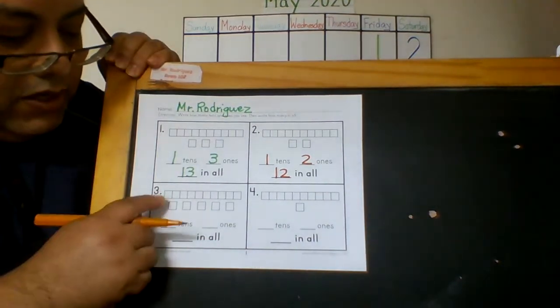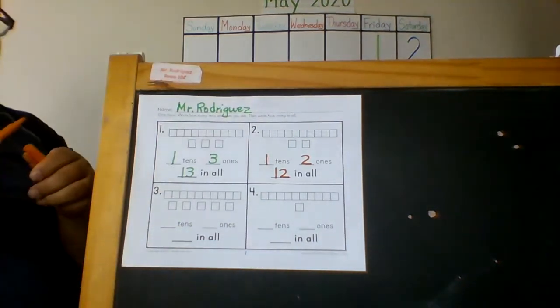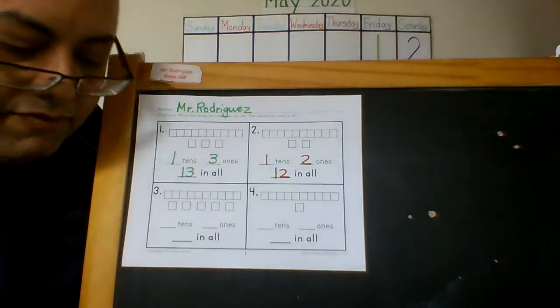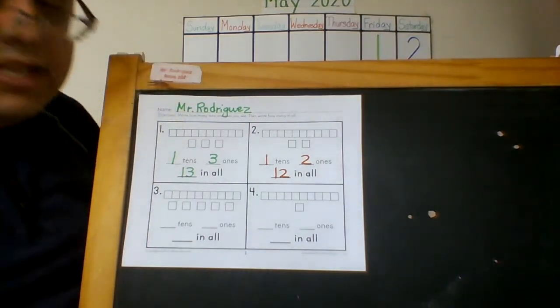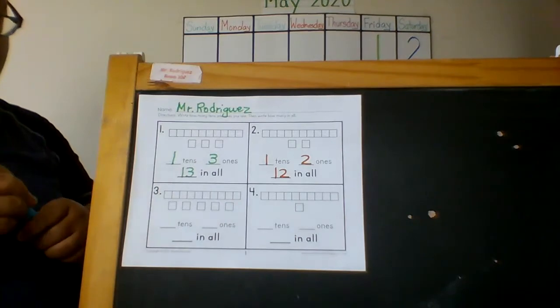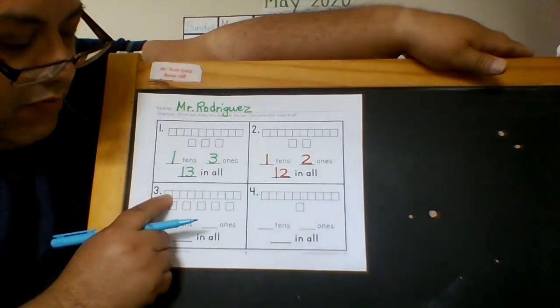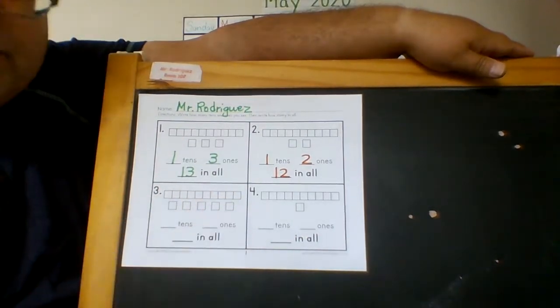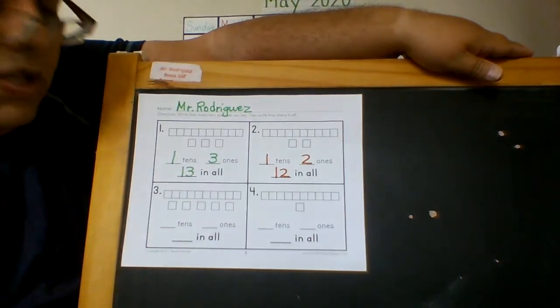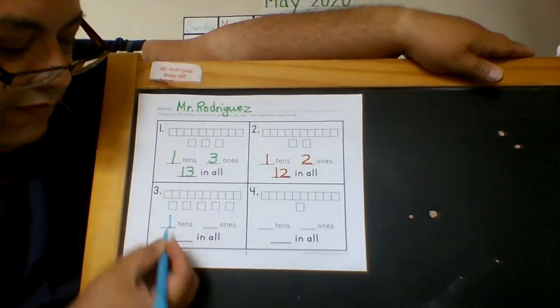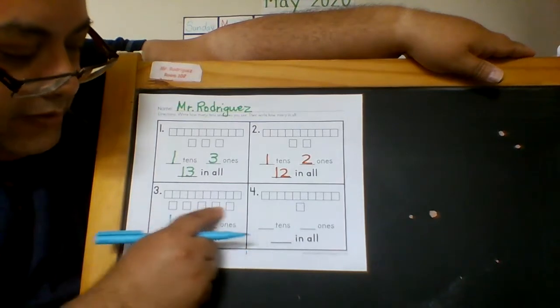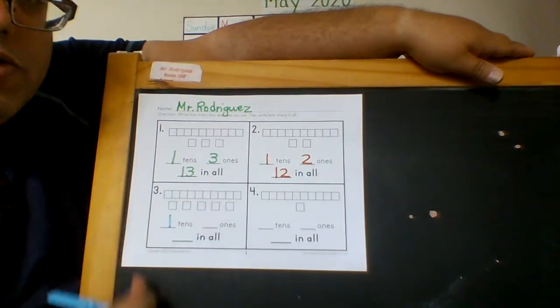Now, you're going to number 3 here. You already have an idea of what I'm doing, right? So I'm going to ask you, how many tens do you see here? Exactly, 1. How many ones do you see?